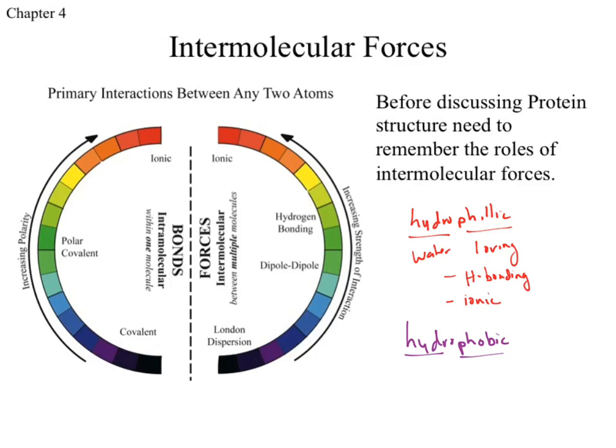So if you can recognize hydrogen bonding and ionic, what things would you need to look for within the structure? Well, ionic, you need to see charges. Hydrogen bonding, you need to see hydrogen bonded to nitrogen, oxygen, or fluorine. So if you see that in your bond structure, you know that's happening in your forces, which then means you're looking at a hydrophilic section.